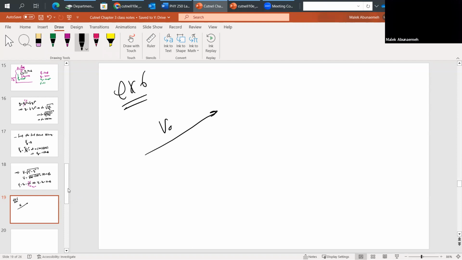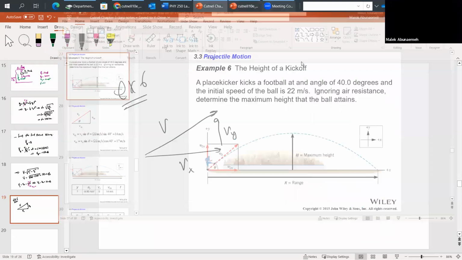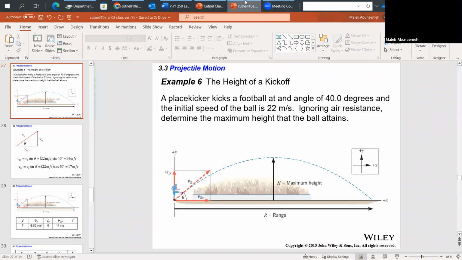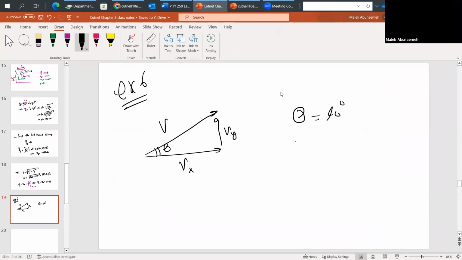I'm just going to call it v, which is a resultant of v in the x-axis and v in the y-axis, where your angle theta is 40 degrees, and the initial speed of the ball is 22 meters per second.